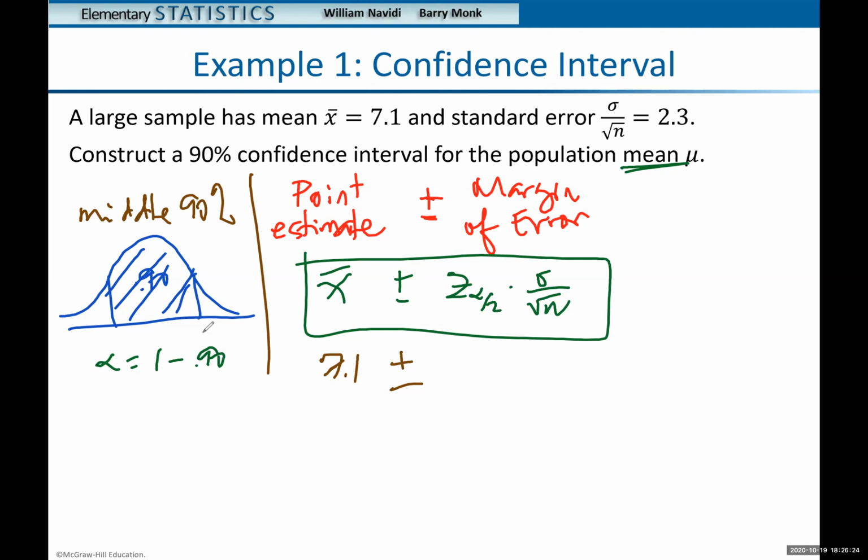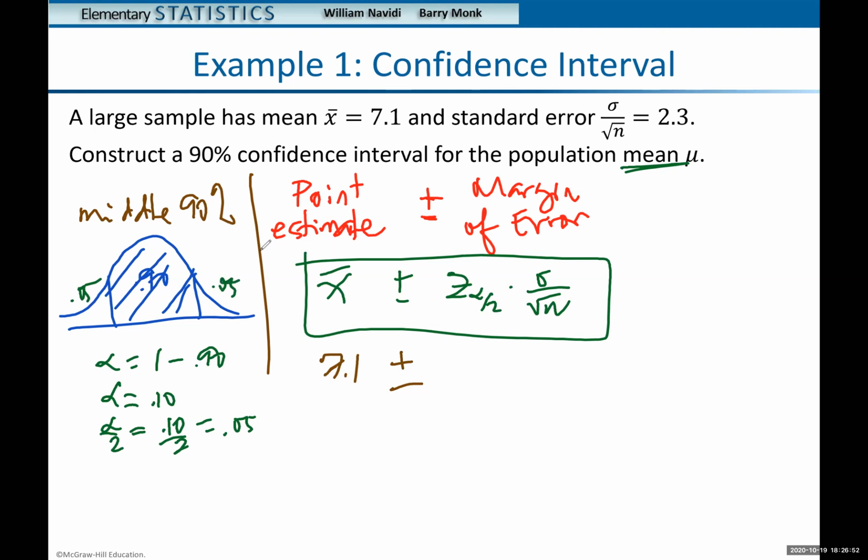So 1 minus 0.9 is 0.10. And alpha over 2 is 0.10 divided by 2, which is equal to 0.05. So that's why there's two sides here, 0.05 and 0.05.